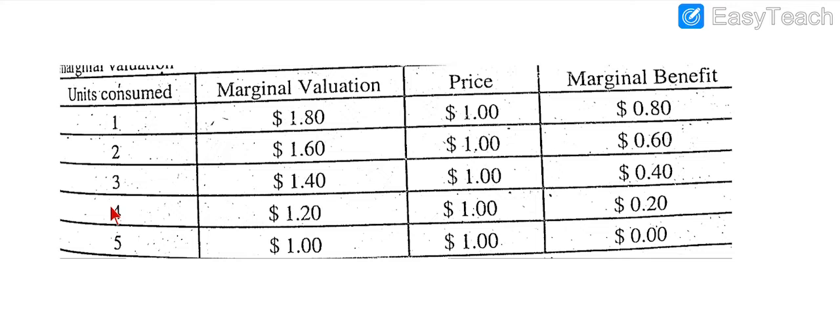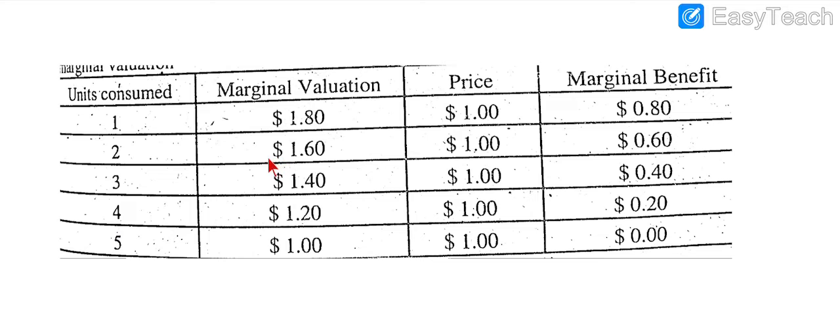We assume in the beginning the price of the good was $1.80, and when the price of the good falls to $1.60, the consumer is ready to purchase 2 units.